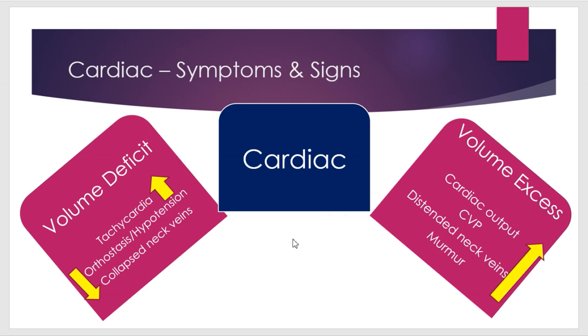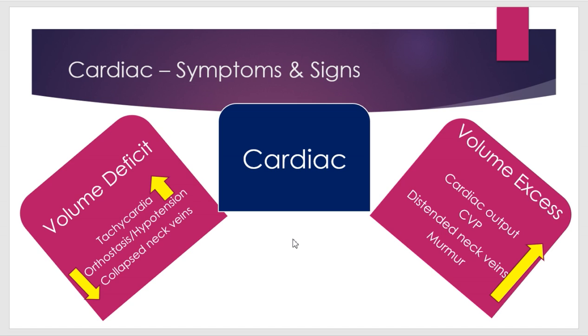And two things are decreased. What? The neck veins, the veins present in the neck, are collapsed, and the blood pressure may be low. Hypotension will be there. So in volume deficit patients: tachycardia, meaning increased pulse rate, low BP, and collapsed neck veins.